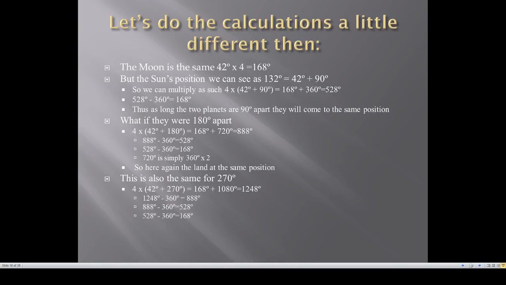And then we subtract it again for 168 degrees. So we can simply see that 1080 is 360 degrees times 3. Thus, any planetary position that you start with, if the next planet is 270 degrees away, it will always come to the same position when multiplied by 4.